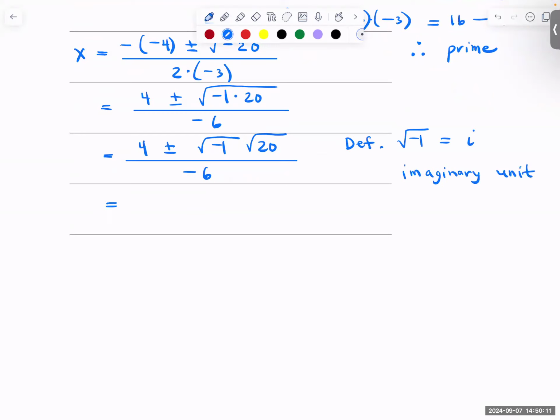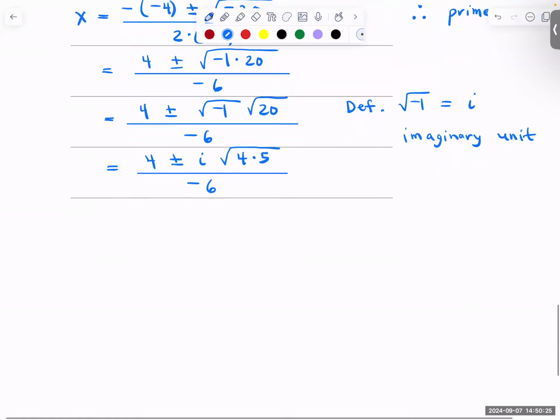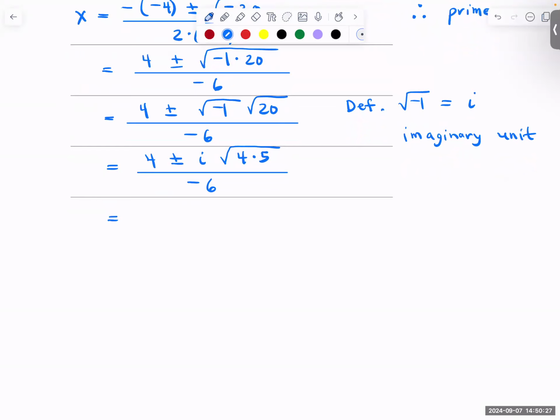So we have 4 plus or minus i, and then square root of 20, since 20 contains 4 as a perfect square that we can square root. That's square root of 4 times 5, all divided by negative 6. Now we have a square root of 4, which is 2, so a 2 will come outside the radical. Square root of 5 divided by negative 6.